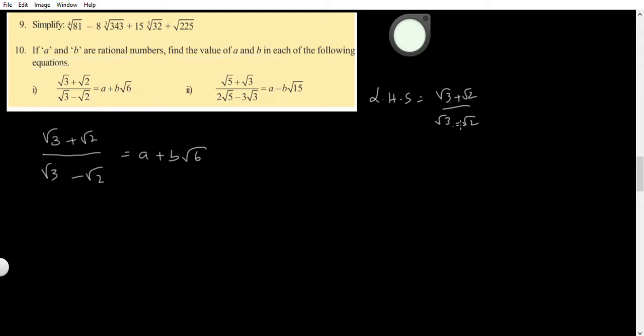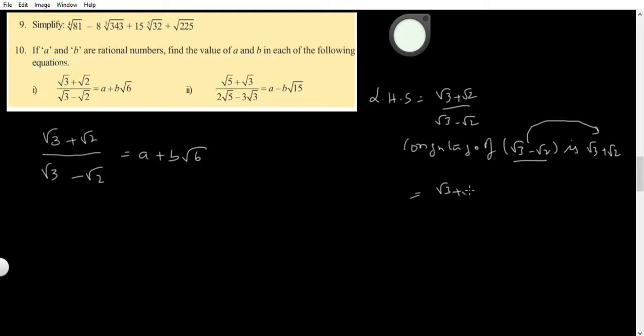To do this, I would like to take the conjugate of my denominator, root 3 minus root 2, that is root 3 plus root 2. Take the positive of this number. Root 3 plus root 2 is the conjugate of my denominator, and I multiply and divide the given LHS with it.